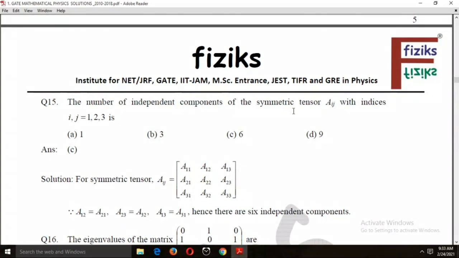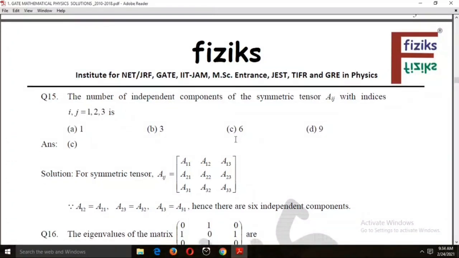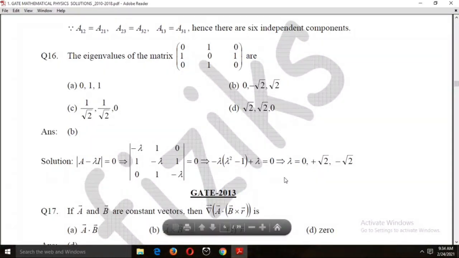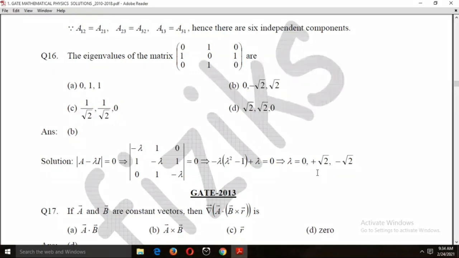So 3 times 4 by 2, and it will be 6. So answer will be 6. Then another question of eigenvalues. For the eigenvalues of this matrix, the characteristic equation mod of A minus lambda I equal to 0 will give lambda equal to 0, plus minus root 2. So option B is correct.